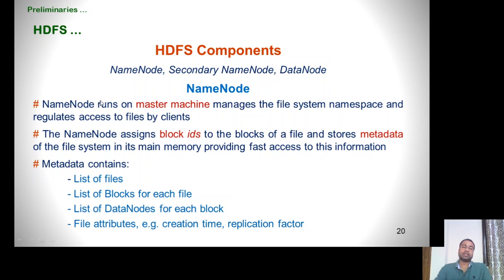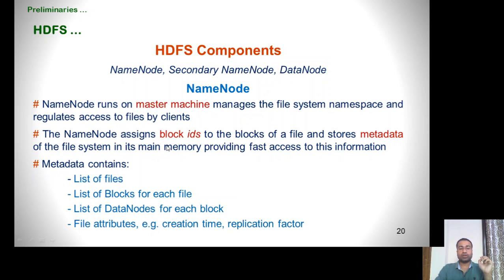The name node daemon process runs on the master machine, master node, and it manages the file system namespace and regulates access to the files by client. So all the file management activity, naming and control of file access will be managed by the name node.